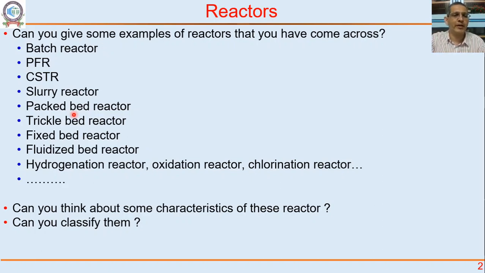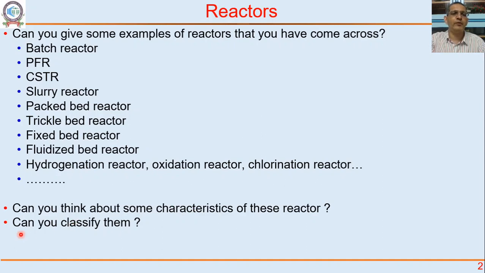For packed bed reactor, you can write whatever comes to your mind about each of these. Just write down in front of that particular reactor some characteristics. It may not be complete, it may or may not be accurate, but let's not worry about that just now. Just write down some characteristics that you remember about these reactors.